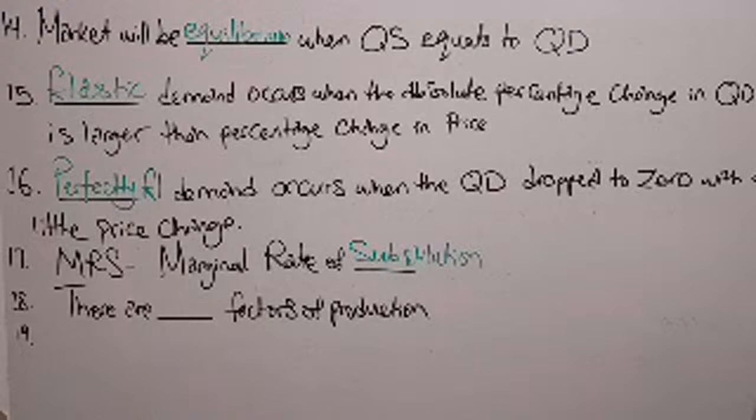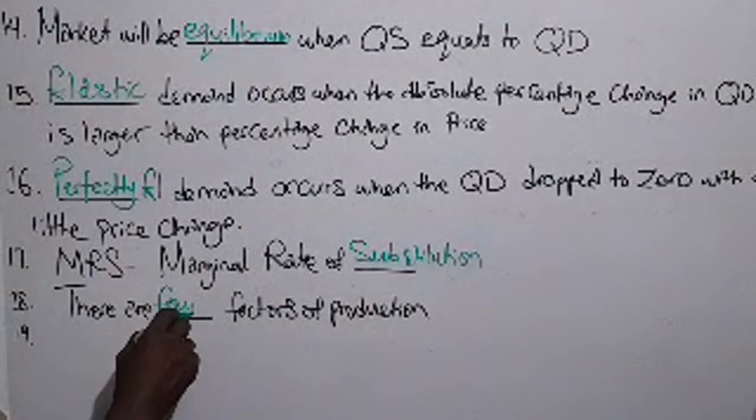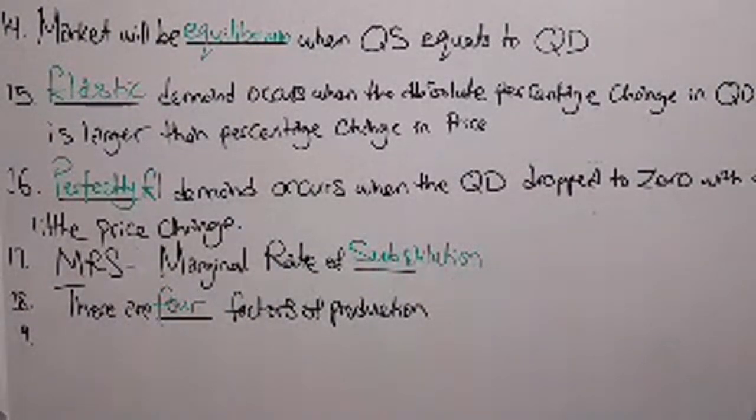Awesome. There are four. We have the likes of land, labor, capital, and entrepreneur.